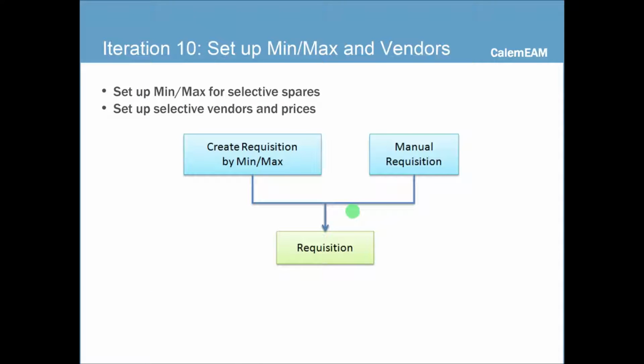For min-max, you can define them for selective spare parts and define selective vendors and prices. You start small: you define a small set of spares with the min-max and a small set of vendors with prices. And the CMMS may generate the requisitions based on your min-max and stock levels.